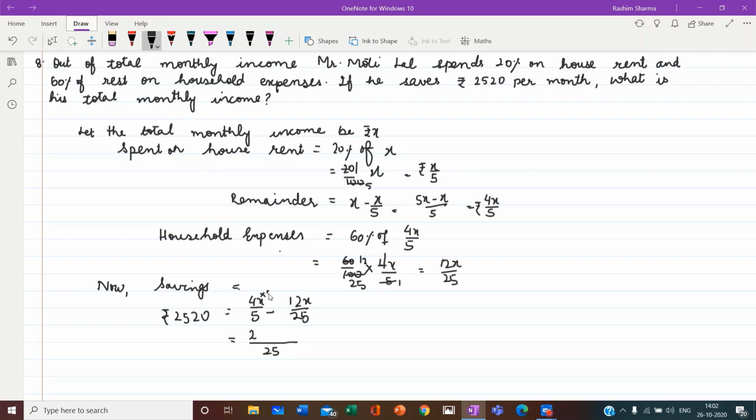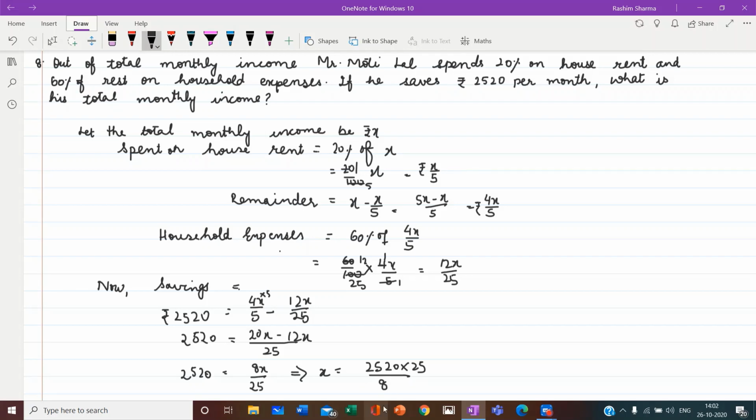It means into 5 will be here. So it is 20x minus 12x. It is equal to 2520. So we get 2520 is equal to 8x upon 25. So this implies x is equal to 2520 into 25 upon 8.